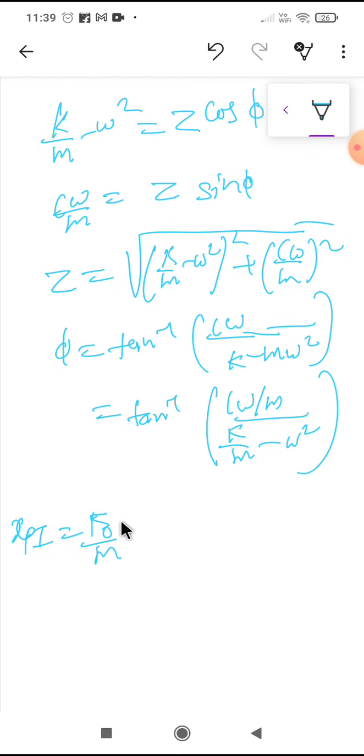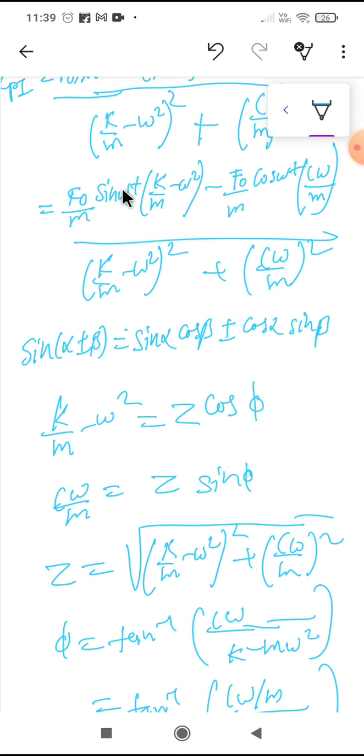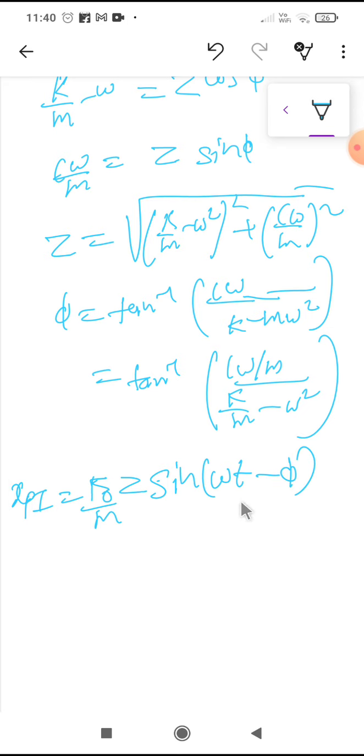So that is f0 by m z, and now this term will be sine omega t cos phi minus cos omega t sine phi. This is the formula of alpha minus beta, that is omega t minus phi. So here I can directly write sine omega t minus phi.